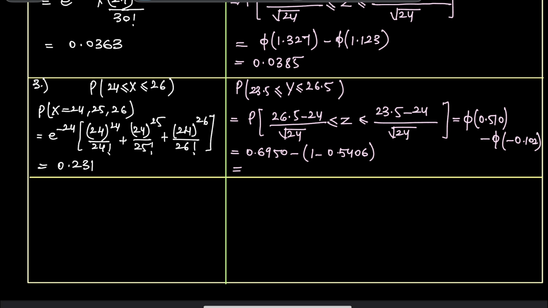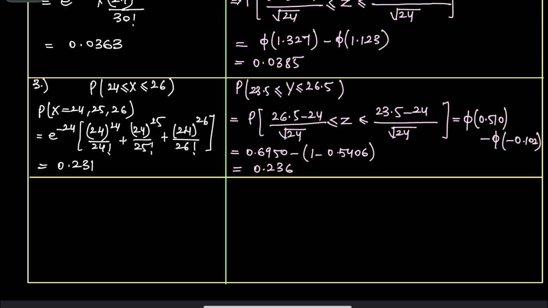Finally, you get the answer as 0.236. So here we can see that we have approximated a given Poisson distribution question by normal distribution. Do not forget to apply the continuity correction whenever we are approximating a Poisson distribution question by normal distribution.